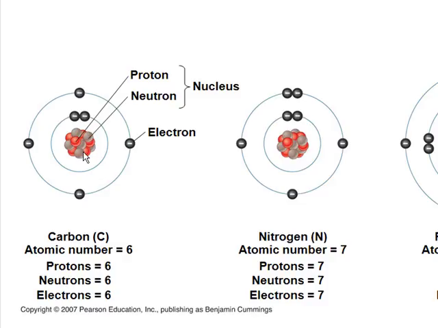A little different than a cell nucleus, but still an area where these particles are centered. The electrons are located outside of that area, and they have the negative charge. You can see they have the little negative sign, and there are 6 electrons out here, and that is a balanced design. So you've got 6 protons positively charged and 6 electrons negatively charged in carbon.